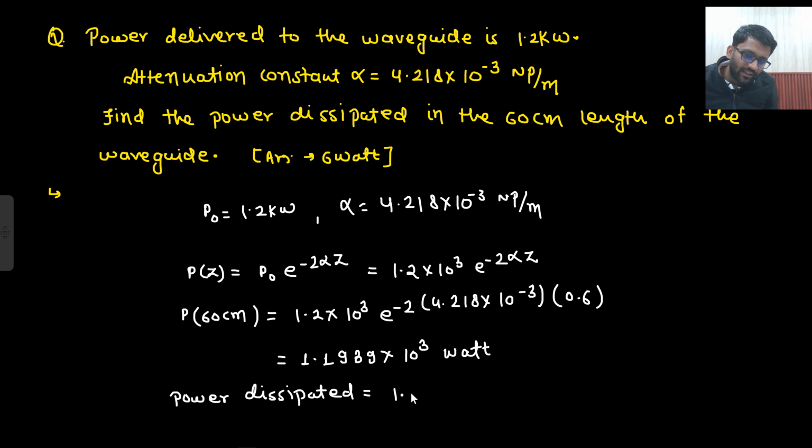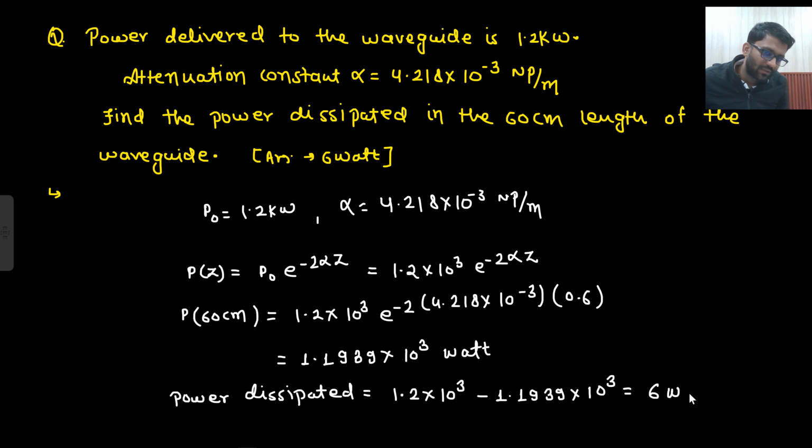The power that entered was 1.2 into 10 to the power 3, but this much power is remaining. Just subtract, and you get roughly around 6 watt. So 6 watt power is dissipated.